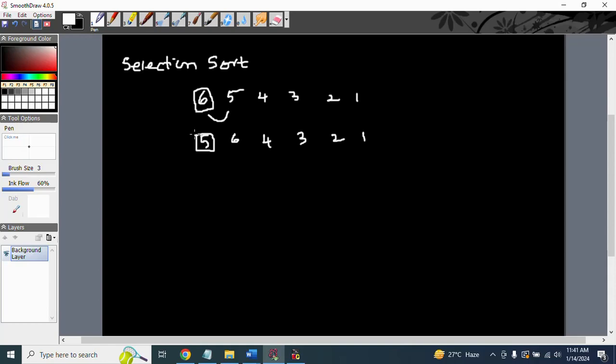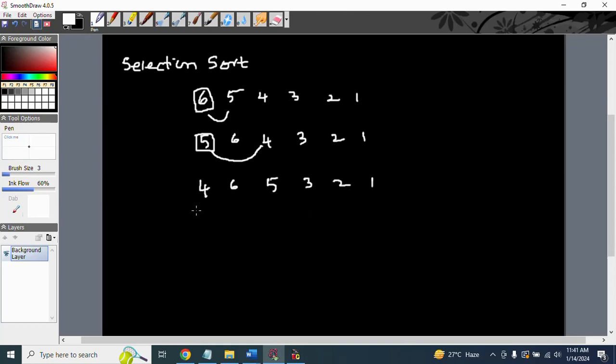Only the 1 2 comparison is done, so for 1 3, 5 and 4 should be compared. Since 4 is smaller than 5, 4 will come to this place, 6 will be here, 5 will be here, 3 2 1.